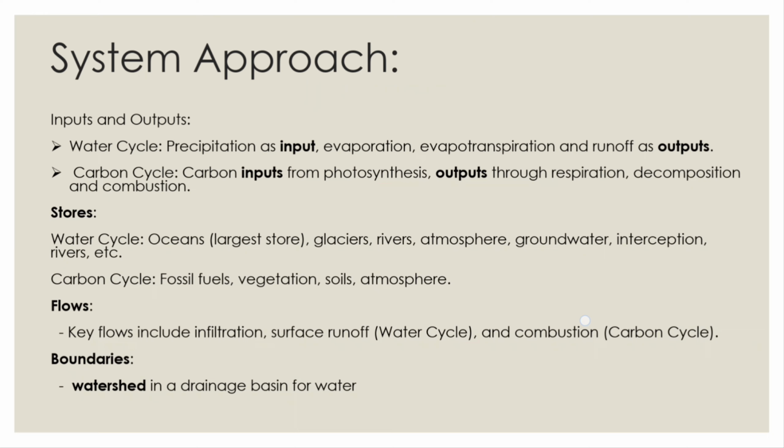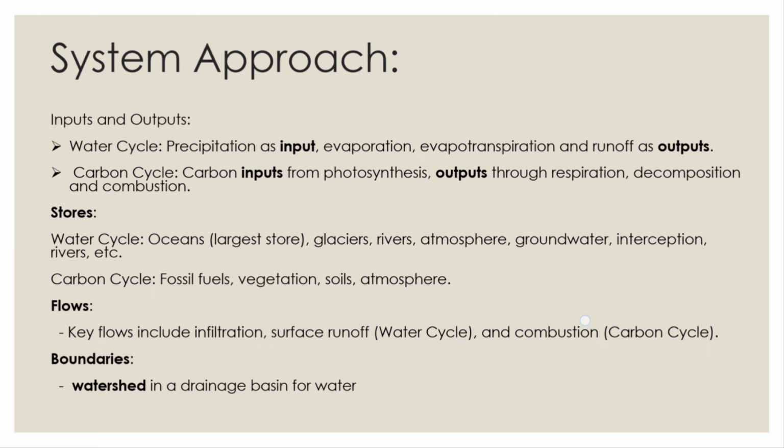And then for the flows, you want to think about processes which usually drive the flow from input to output. For example, the process of transferring water on the surface into the ground is infiltration, and that is where we get the flows of water going to our different stores.